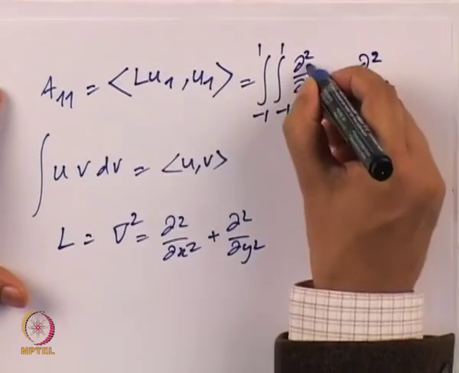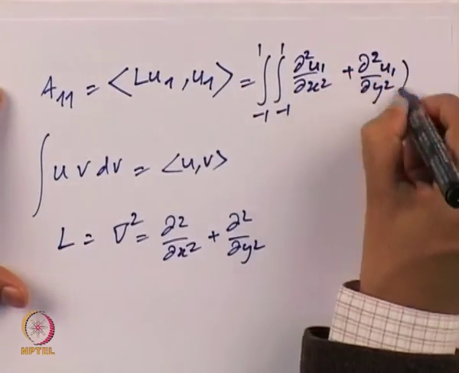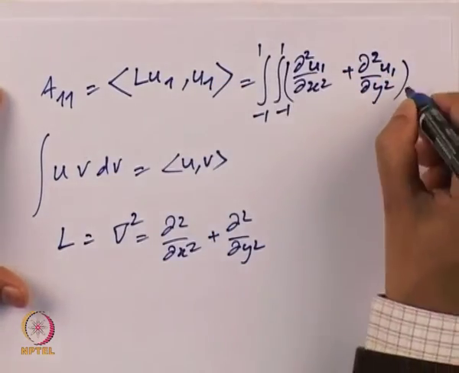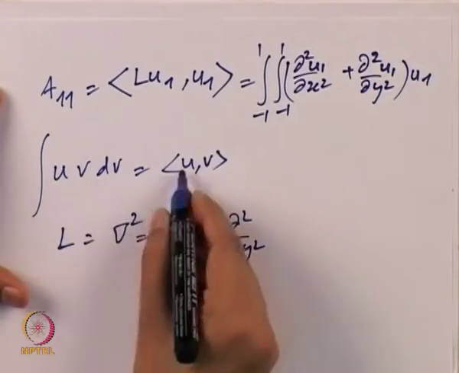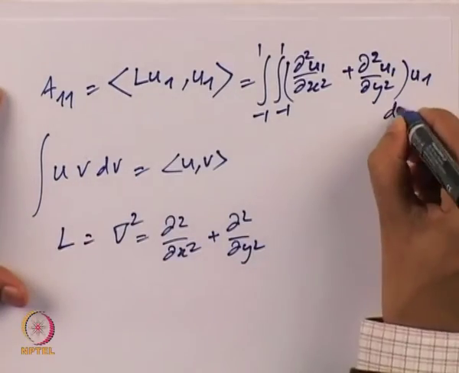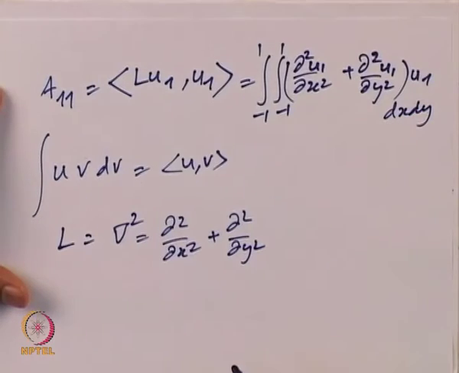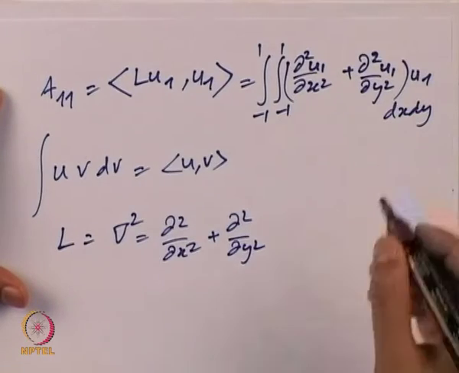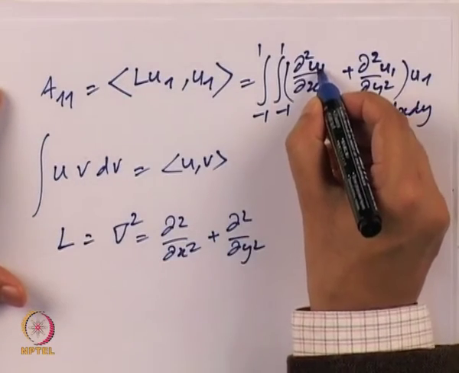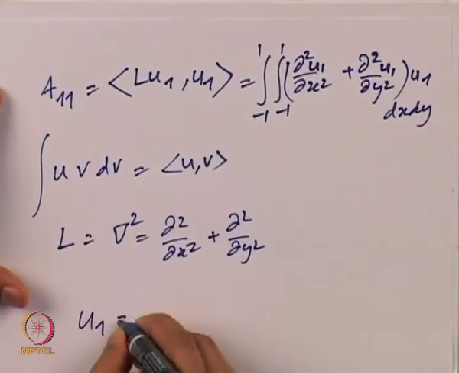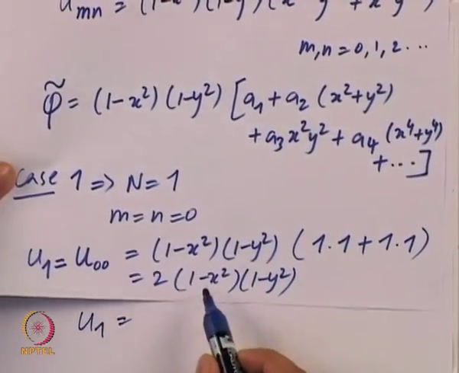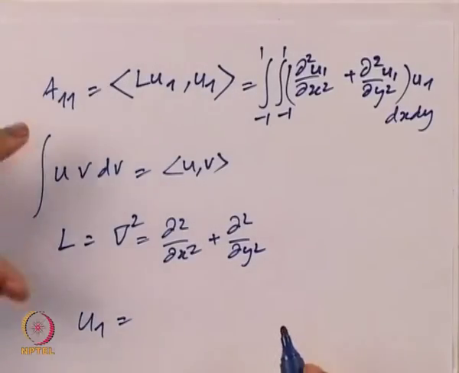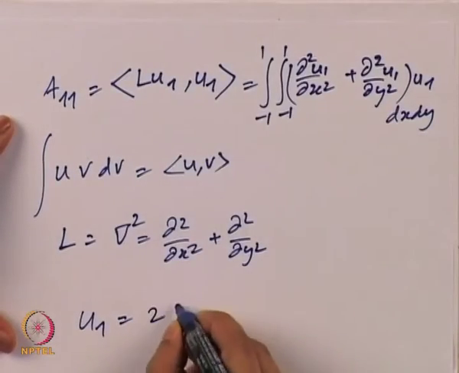And we are going to multiply it with u1, put this into a bracket, and you have u1 which is going to come. Remember, this is the way we define the inner product, multiplied by dx dy. So this is going to be the first step, and the next step is I am going to introduce u1, and we have found the value of u1 in our previous step, which is 2 multiplied by 1 minus x square multiplied by 1 minus y square.